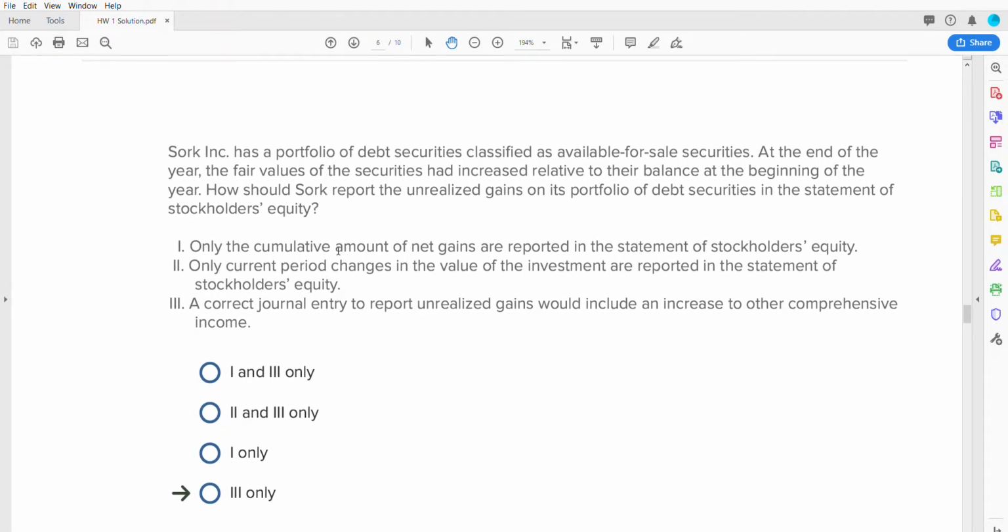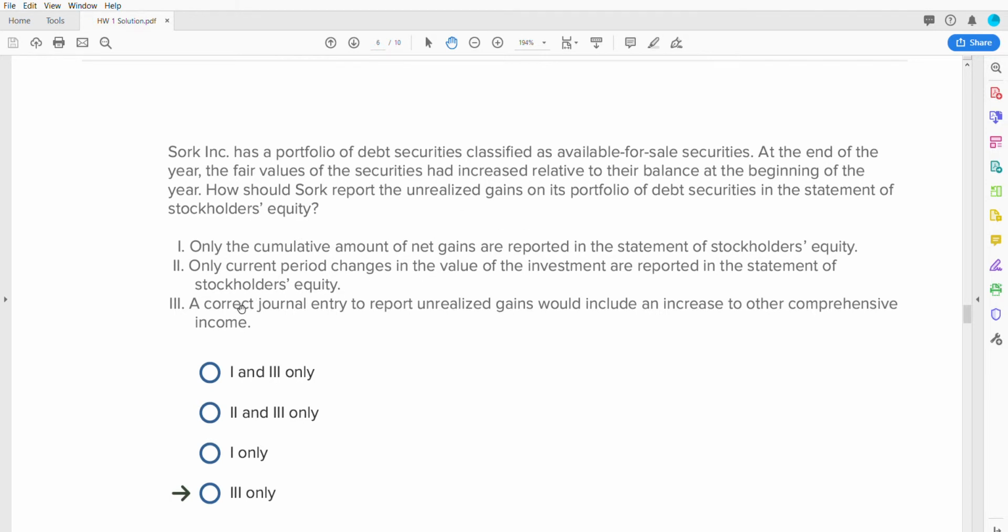SORC has a portfolio of debt securities classified available for sale at the end of the year. The fair values of the securities had increased relative to their balance at the beginning of the year. How should SORC report unrealized gains and losses on the portfolio of debt securities in the statement of stockholders' equity? Right, so if this is an available for sale security, only the cumulative amount.